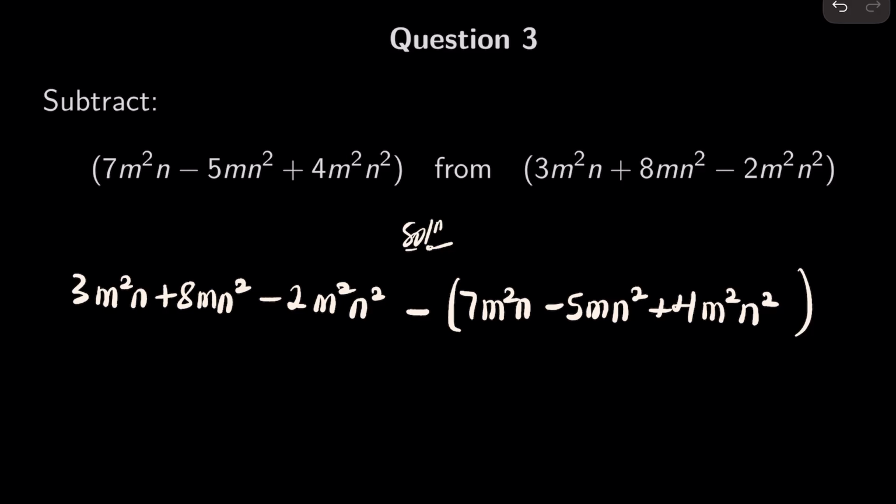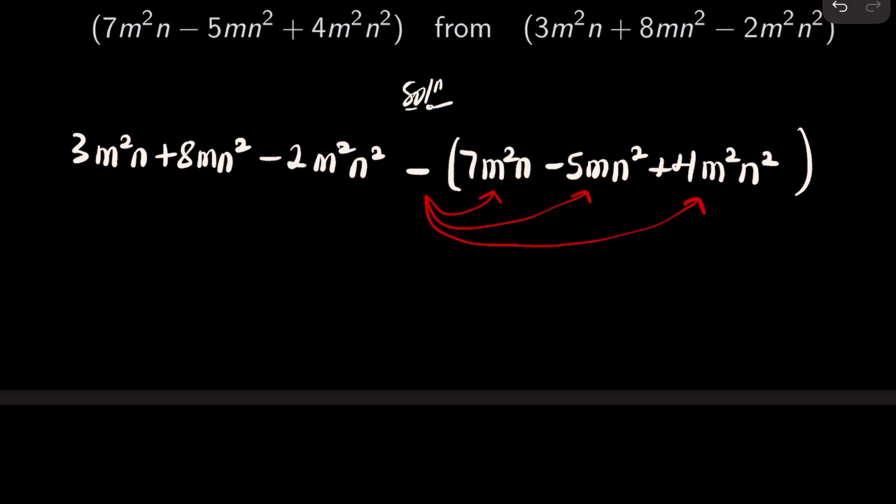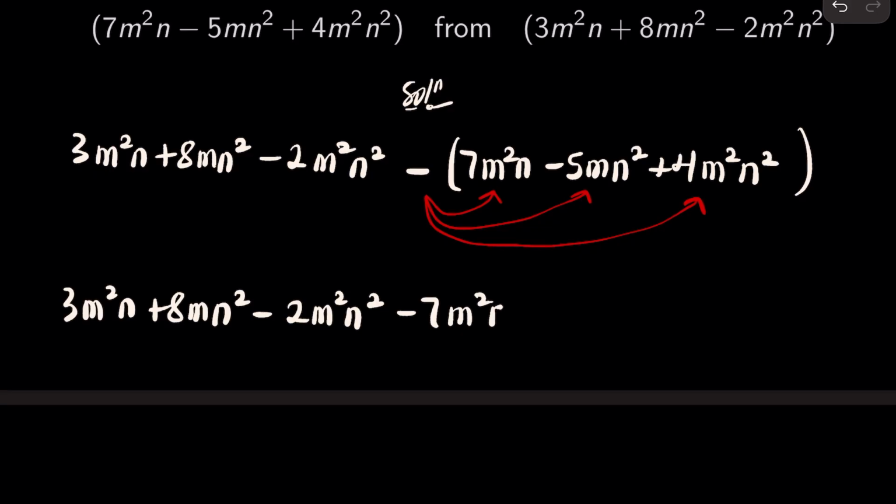So our next step is to distribute the minus sign. So here we are going to have minus 1 multiplying this, then minus 1 multiplying this, and minus 1 multiplying that. So let's see what we're going to have. And so we're going to have 3m squared n plus 8mn squared minus 2m squared n squared. Then minus 1 times 7 is going to be minus 7m squared n.